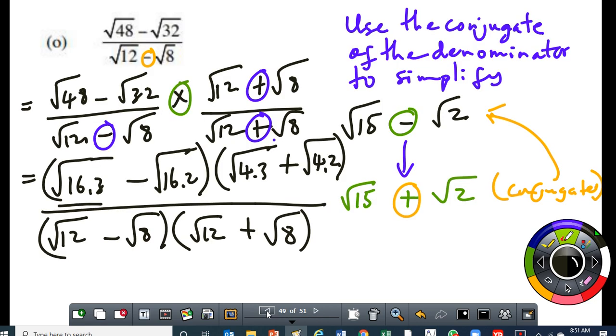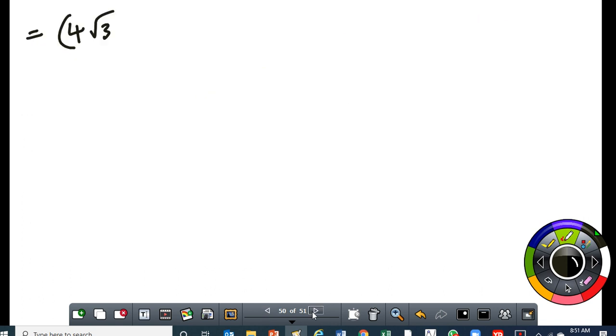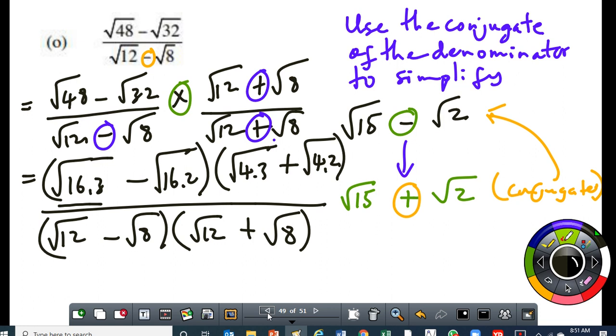Right? Then I'll put that minus. Now, the square root of 16 is a 4. So I can write the second term inside the first bracket as 4 square root of 2 times the second bracket, the square root of 4, it's a 2.